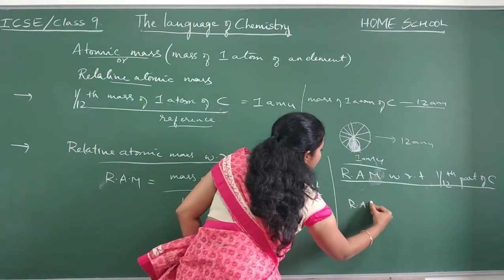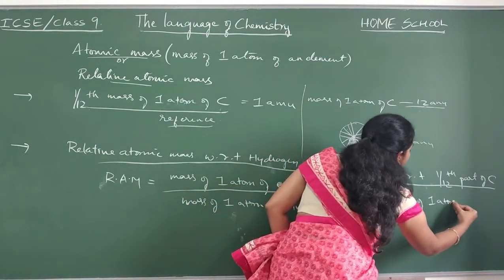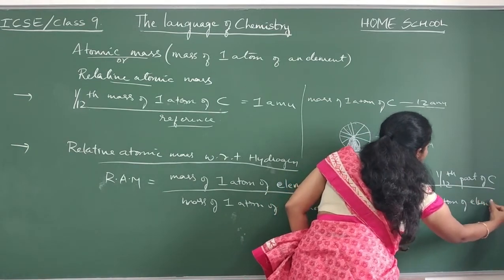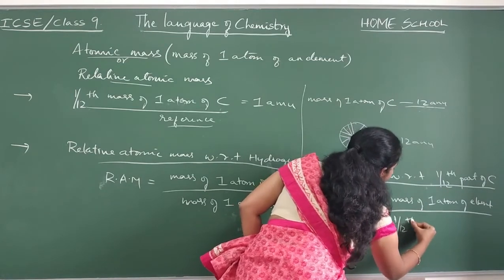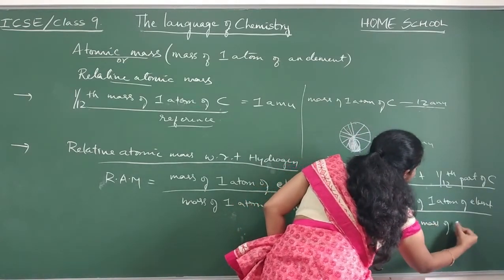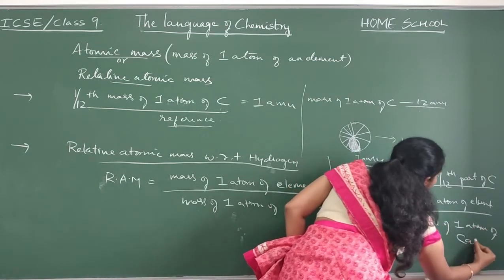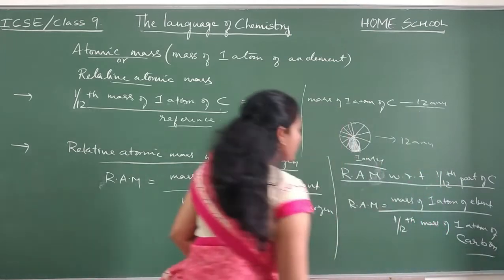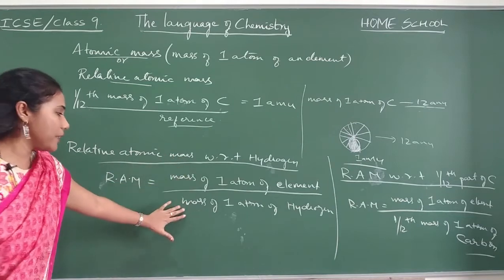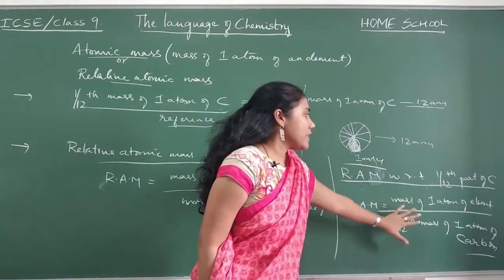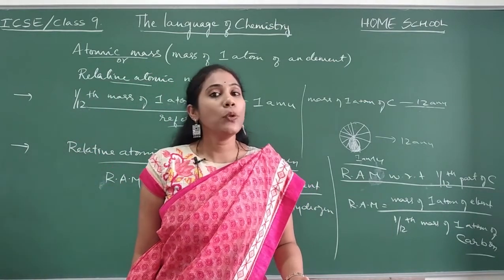Relative atomic mass is equal to mass of one atom of element divided by 1 by 12th mass of one atom of carbon. So both the formulas, try to remember: relative atomic mass with respect to hydrogen, relative atomic mass with respect to carbon. Okay, and now we will move to relative molecular masses.